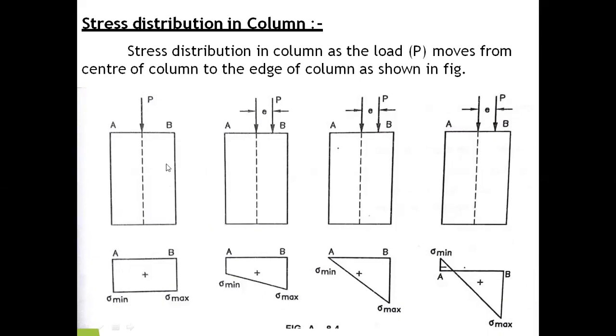In the first picture, the load is passing through the center of gravity of the section. That means there is only direct stress, so on both edges of the column the stress is the same. That's why the diagram is a rectangle. Now move your load a bit far away from the center of gravity with some eccentricity.